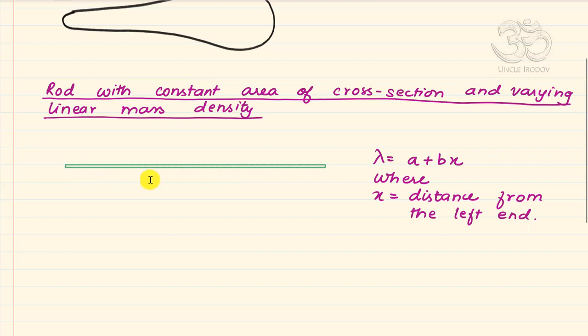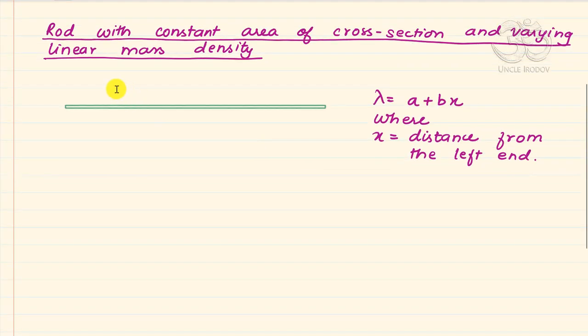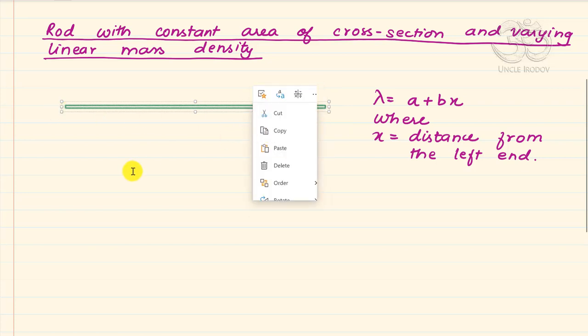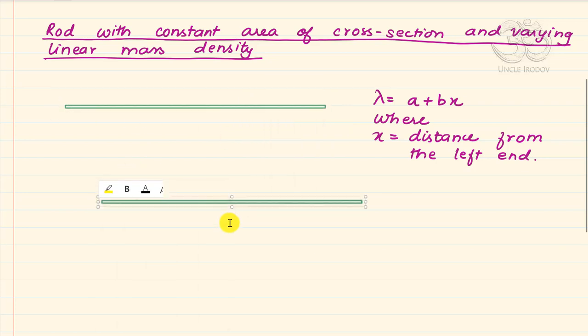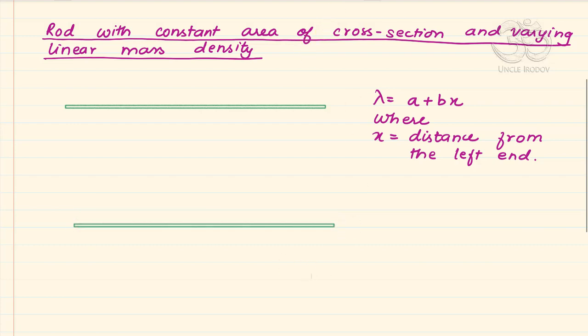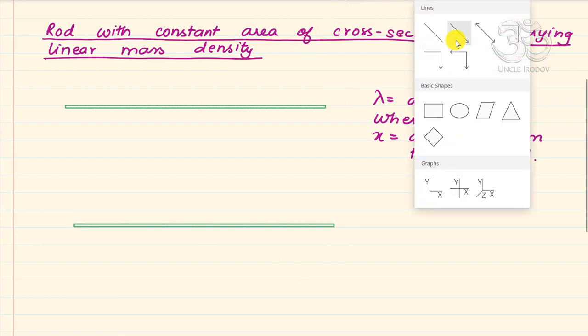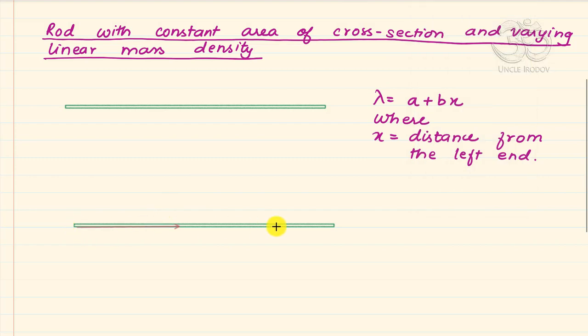Since it's a rod, a one-dimensional object, I can take the x-axis along the rod itself. So there is an x-axis along the rod, and I can also take the left end as the origin. The rod is put here. This is the rod. There is an x-axis that runs along the rod like this, and the leftmost end of the rod is x equal to 0.